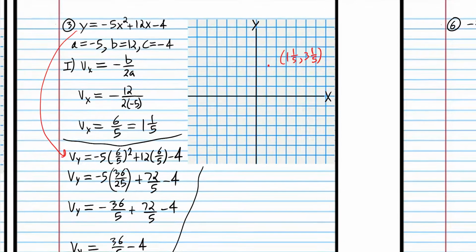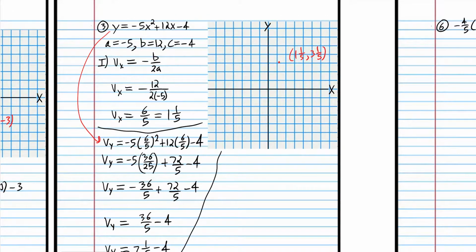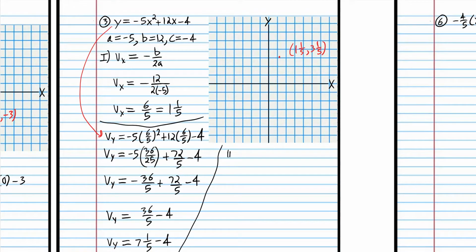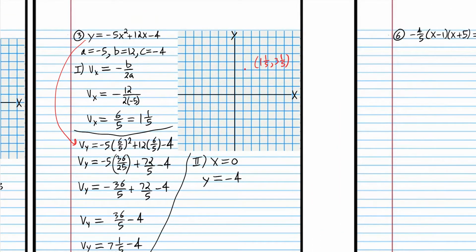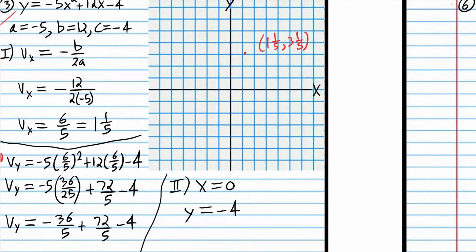I'm just going to use the y-intercept. So that means I'm going to let x equal 0. And I'm not going to do the math because you can see it's going to be -4. It's pretty obvious. When you plug in 0 there, the first and second terms go away. So now we have 0, -4. 1, 2, 3, 4. That's about here.